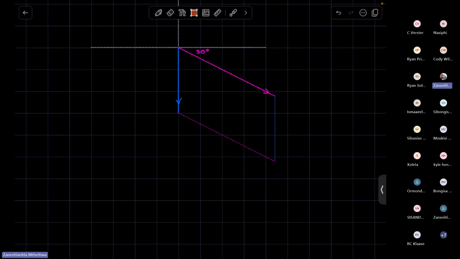Now, where the two vectors meet, which is at this point, that is the direction your resultant is going to take. So your resultant at this point is going to go in this direction, where the two vectors essentially meet. And this would be your complete parallelogram.